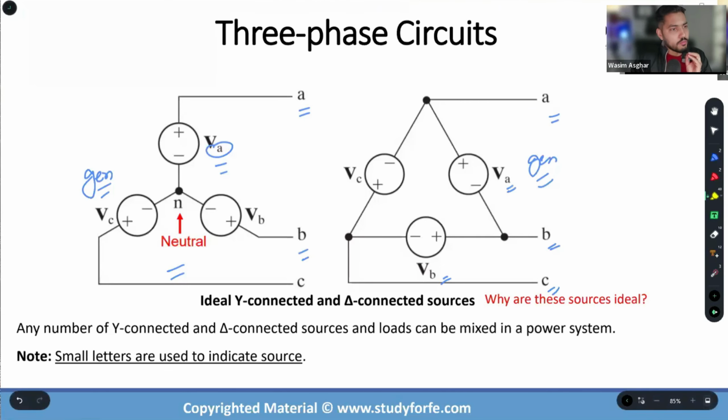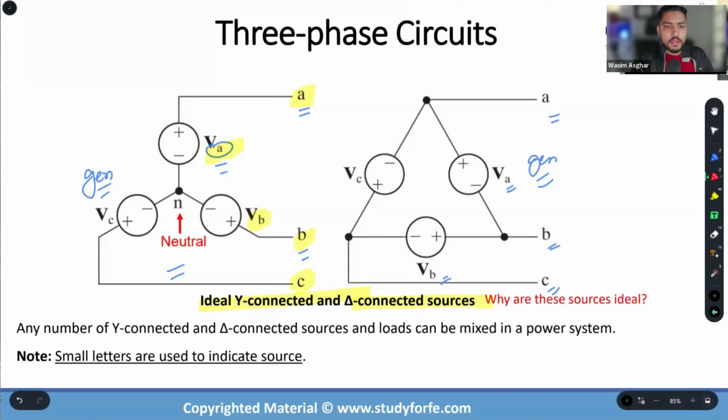But there is a way to make inroads into that problem, create a dent. How? By understanding this concept: if the subscripts are small letters, then that is the source. If they are capital letters, which we're going to see shortly, then that is the load side.